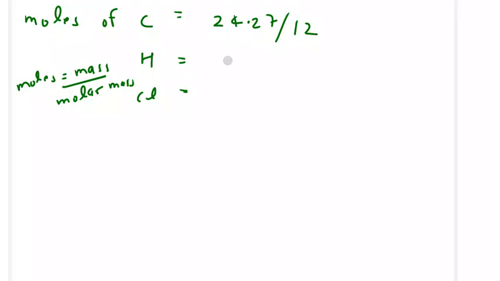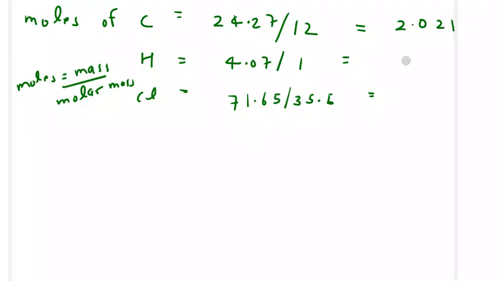Hydrogen 4.07 upon 1, chlorine 71.65 divided by 35.5, equal to 2.021, 4.041, 2.021. And next we have to find out the stoichiometry of carbon, hydrogen and chlorine.